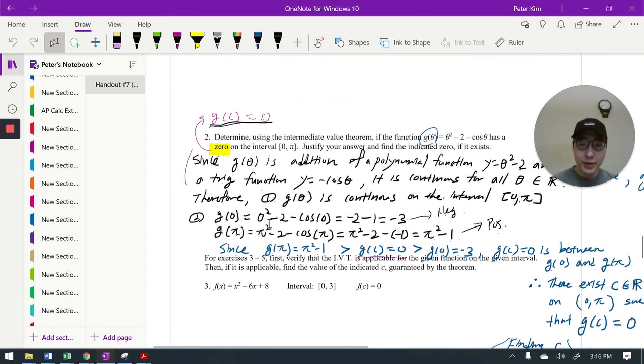Is it continuous on that closed interval, and then you have to figure out the function of a value and function of b value. Your a and b value is this guy, in case you haven't gotten that yet. And then you just have to figure out if your function of c value is between the function of a and function of b. All right, good luck. Let me know if you do have any questions.